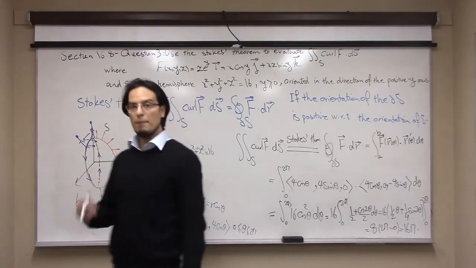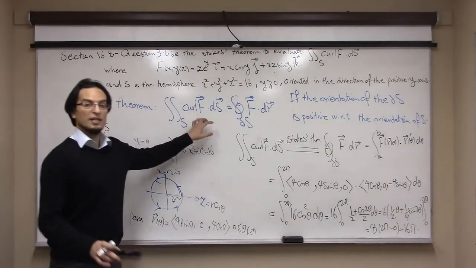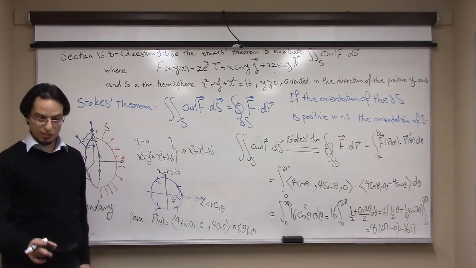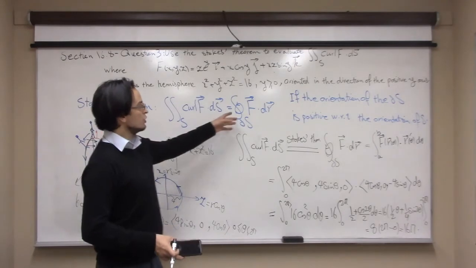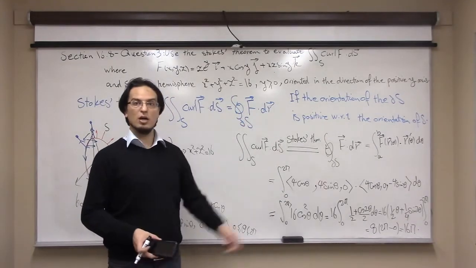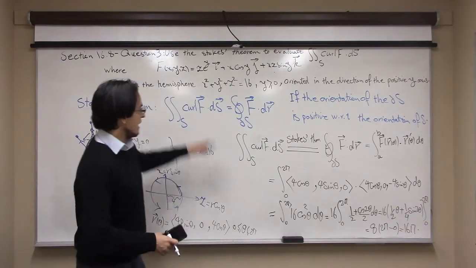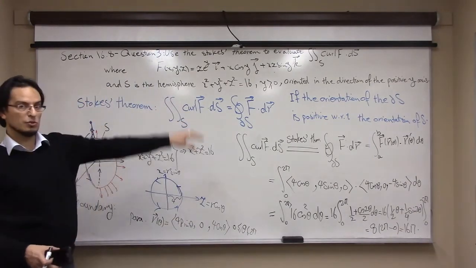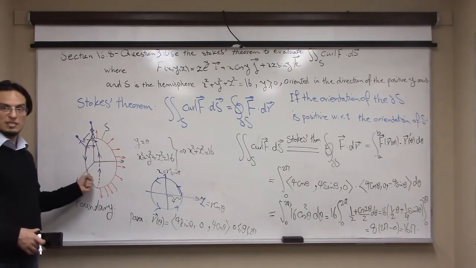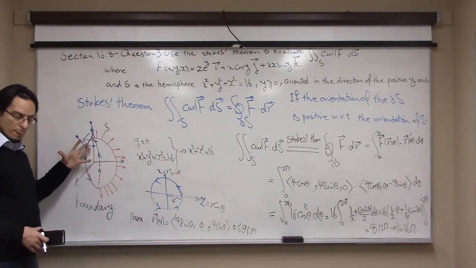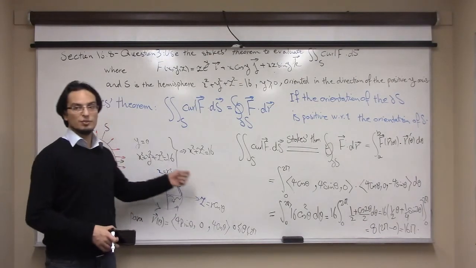Okay, very quick wrap up. Stokes' theorem says that when you're trying to find the surface integral of the curl of a vector field along a surface, you can do it by finding the line integral of that vector field itself along the boundary, but you have to be careful about orientation. We found the boundary of the surface, which was a circle, and we parameterized it in the right orientation.